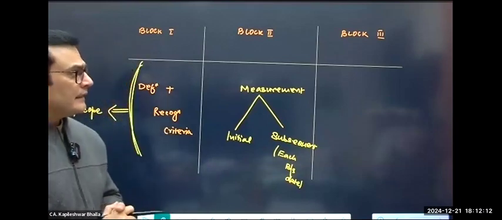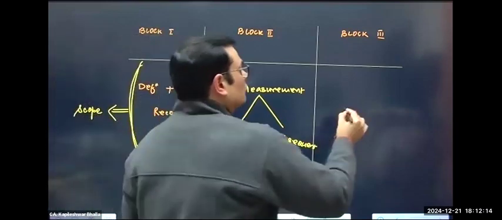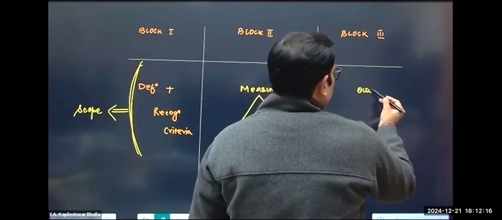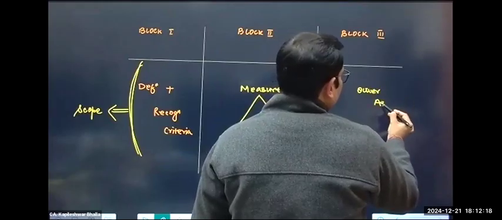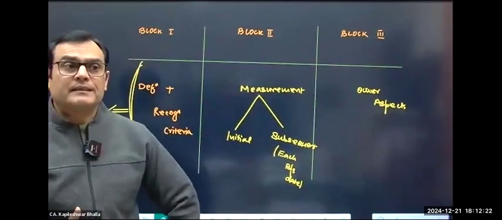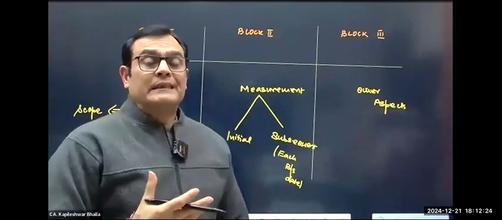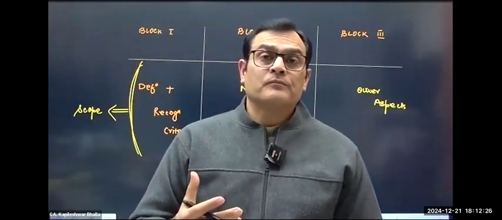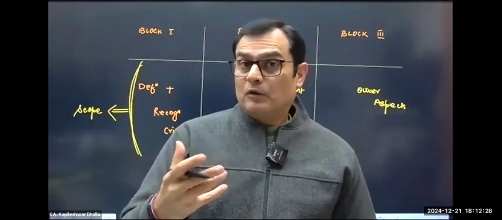And then finally, I will come to block number 3, where we will consider the other aspects of the standard. For example, generally when you're considering an asset, there would be a need to consider depreciation, or there is a need to consider amortization.